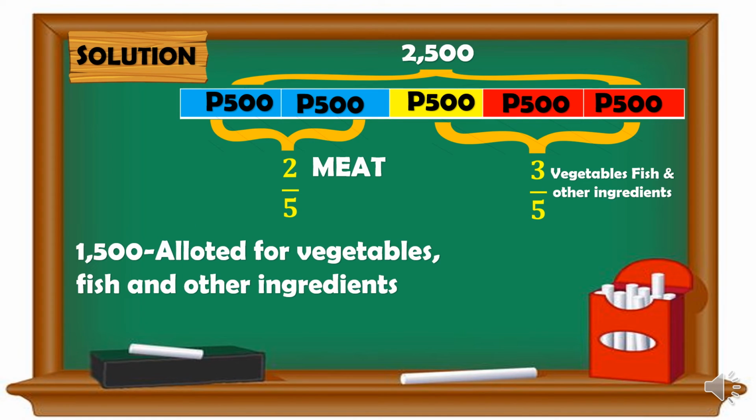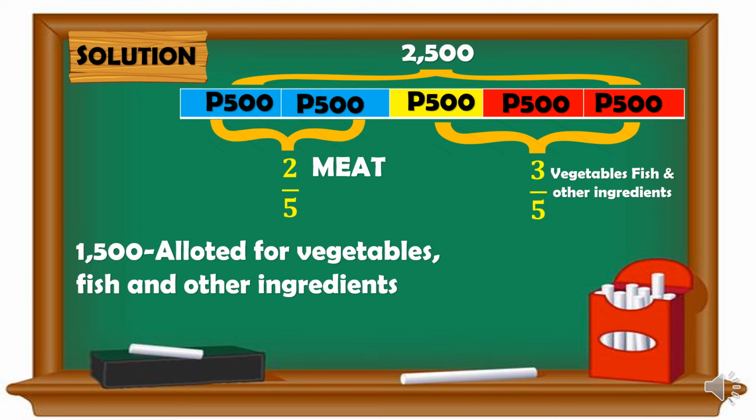Okay, so that means that for every portion of this 2,500 as a whole, for each part we have 500 and 500 for the meat, which is the 2/5, and then 1/5 for the vegetables, and then 2/5 is for fish and other ingredients.